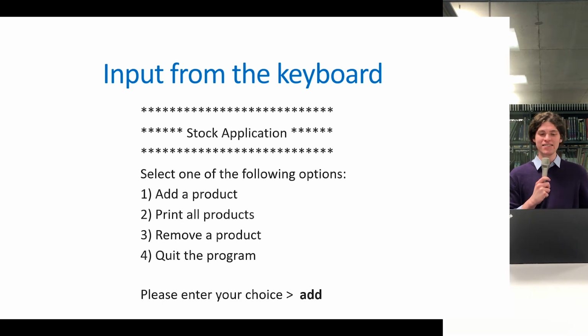If we type in add, then we should expect to run the add functionality. So we'd have to have some form of comparison to test whether we have typed in add.